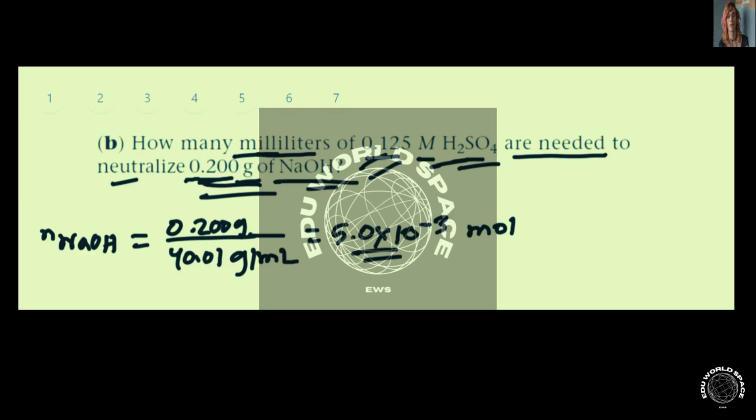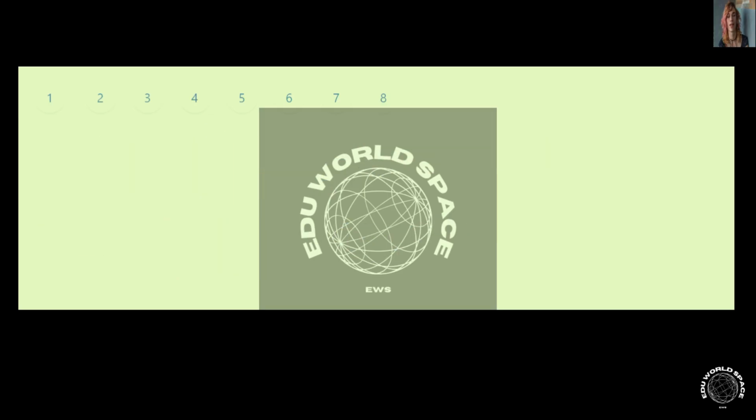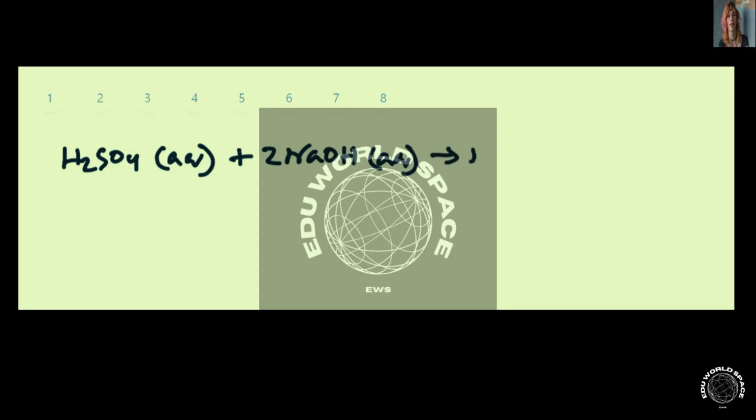Now we will write the balanced equation for this reaction. So the balanced equation will be H2SO4 in aqueous will react with 2 sodium hydroxide to give us sodium sulfate and 2H2O.